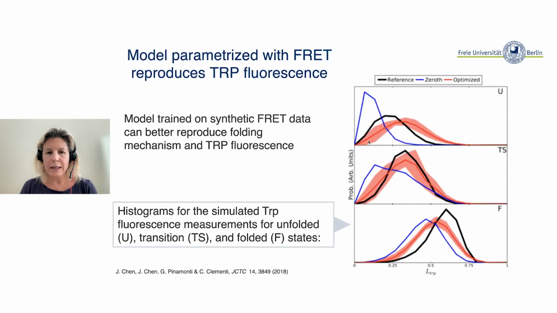And then we can cross-validate it on observables that were not used in the training. For instance, these are, again, proxies for tryptophan fluorescence. And you see that the model is significantly improved and much closer to the reference with respect to the initial model, in particular for the transition state.